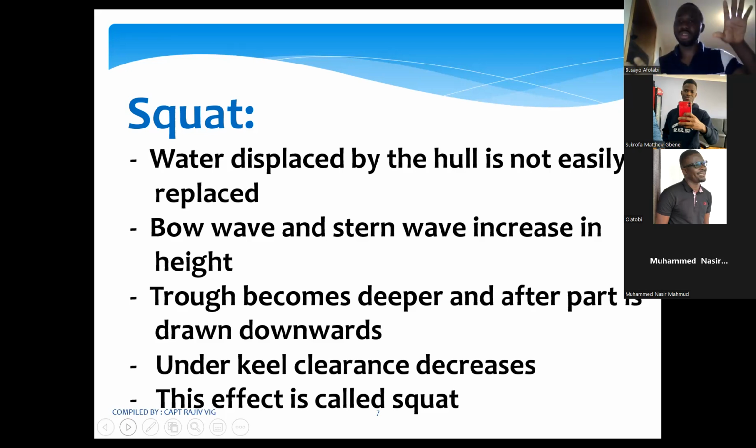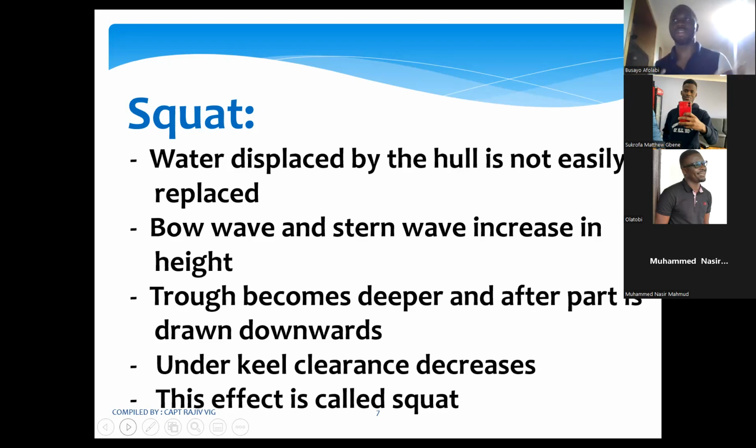And this change of trim is caused by the squat too. Meaning your aft might increase, and then your bow goes up a bit, which occurs when a vessel is passing through shallow waters.